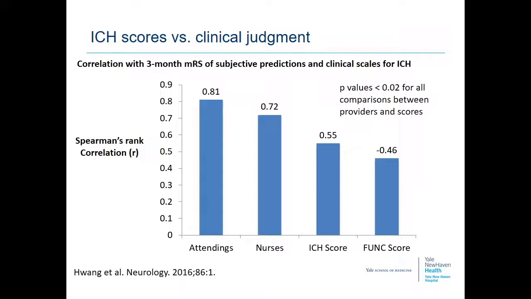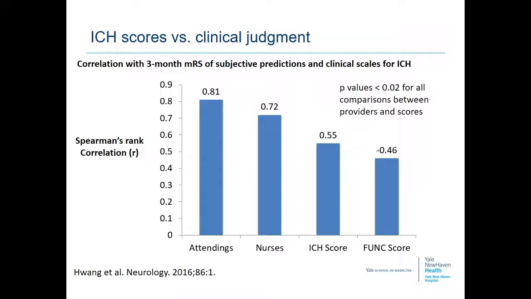We at Yale worked with several other medical centers and conducted an experiment where, for ICH patients that came in, we had the clinical attending taking care of the patient and the bedside nurse taking care of the patient make an assessment of what they thought the patient's modified Rankin scale would be at 3 months. But we asked these predictions to be made on a piece of paper within 24 hours of patient admission to get a sense of what folks' early impressions or prognosis might be.